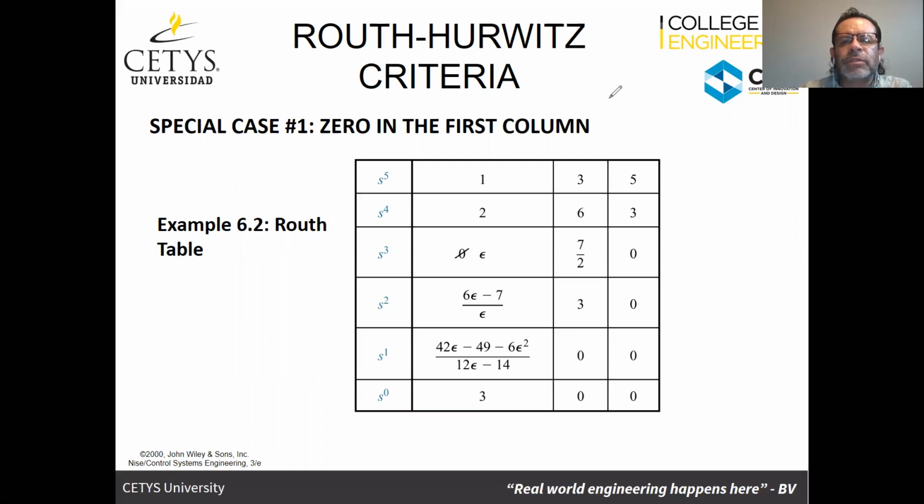So we're going to take two situations here. We're going to say if epsilon is positive, and I'm going to take another one here, if epsilon is negative. First off, I'm just going to divide this here up the middle.